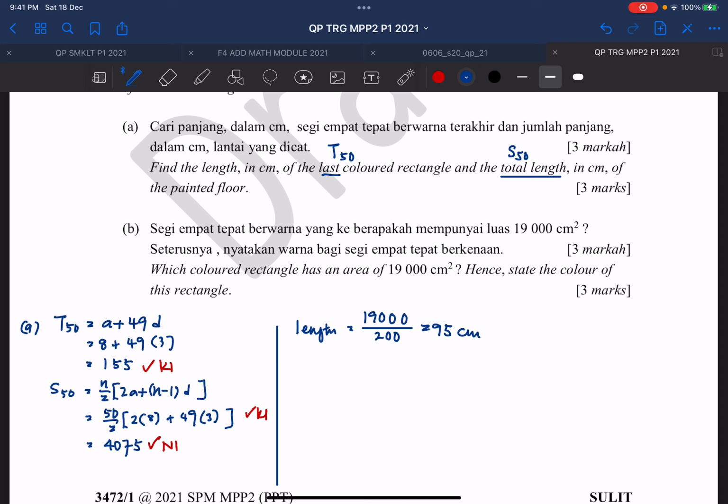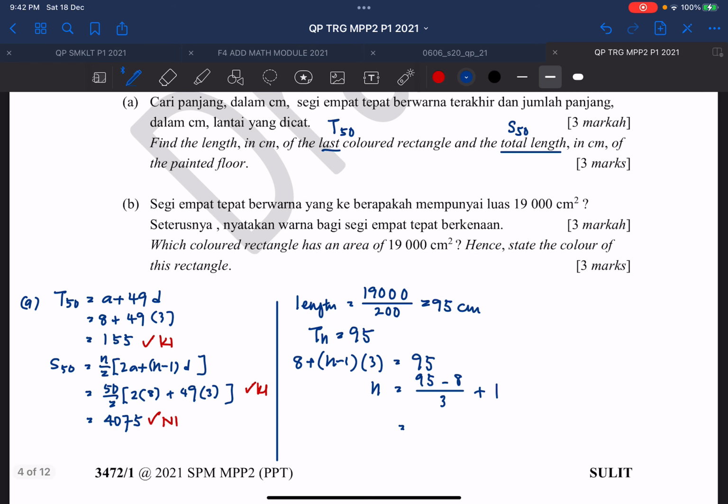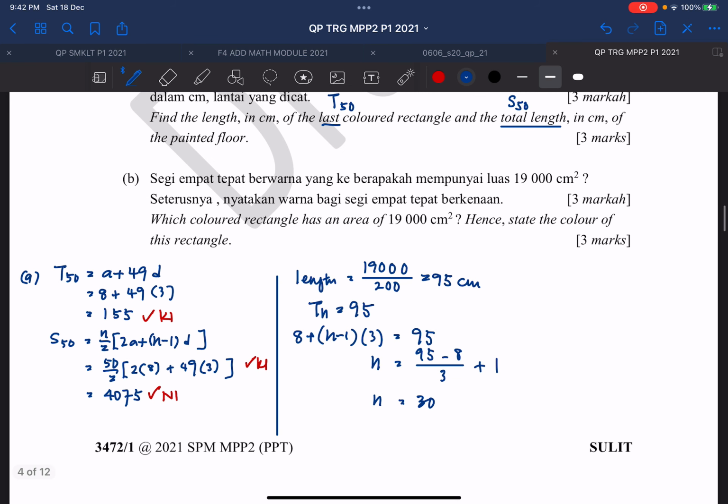Tn equals 95, so a plus n minus 1 d. What's my d? d is 3, equals 95. So n should be 95 minus 8, divided by 3, plus 1. And finally, you should get 30. That's the final answer. n will be equal to 30.